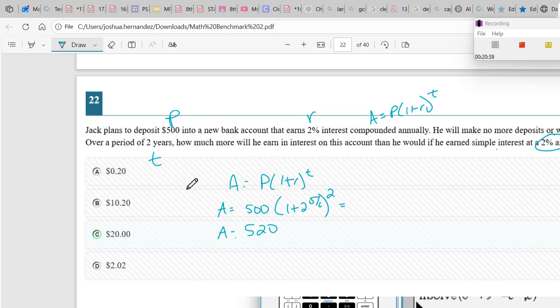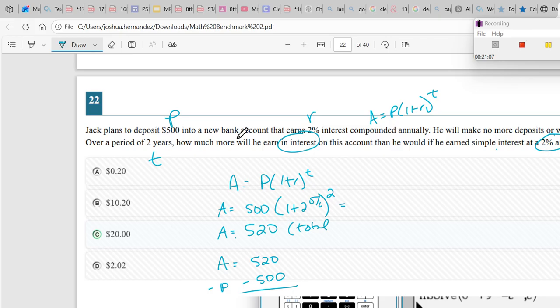So 520 is not what is gained, that's the total. It's only asking about the interest. How much more interest? So we're going to come right here and subtract the original amount, which is 500. So 520, and we're going to subtract the 500, the principal, which leaves us with 20 interest. Which is your interest, okay?